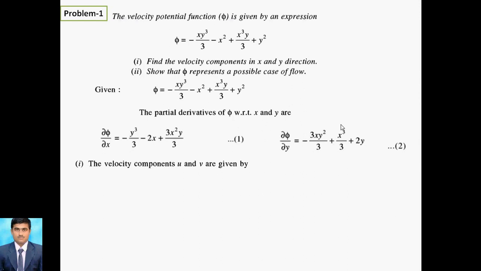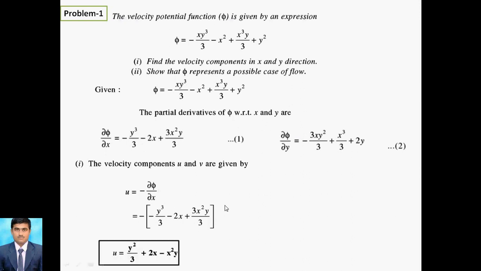First of all, we know the u and v components: u is equal to minus dou phi by dou x and v is equal to minus dou phi by dou y. First we write u is equal to minus dou phi by dou x, taking the derivative with respect to x, which we have already calculated. Similarly, v is equal to minus dou phi by dou y.